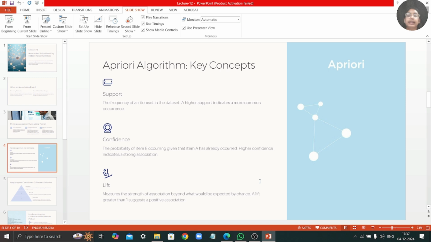Higher confidence indicates a strong association, that is, if antecedent then consequent. Then lift measures the strength of association beyond what would be expected by chance. A lift greater than 1 suggests a positive association.